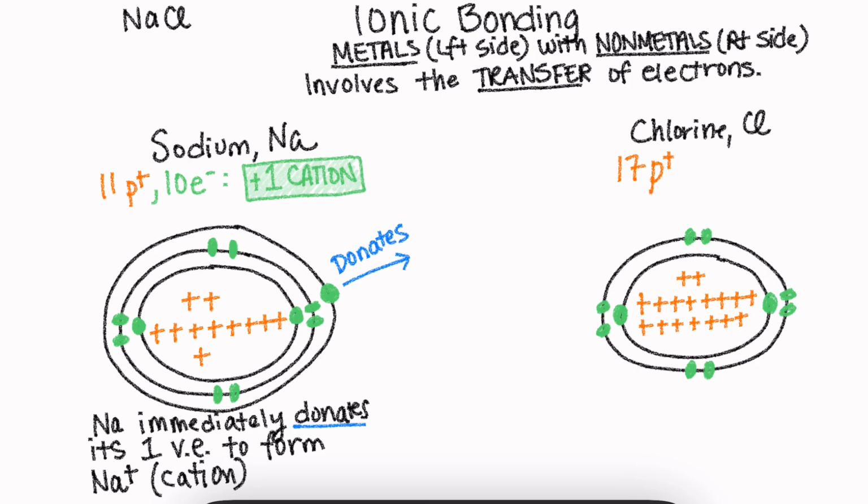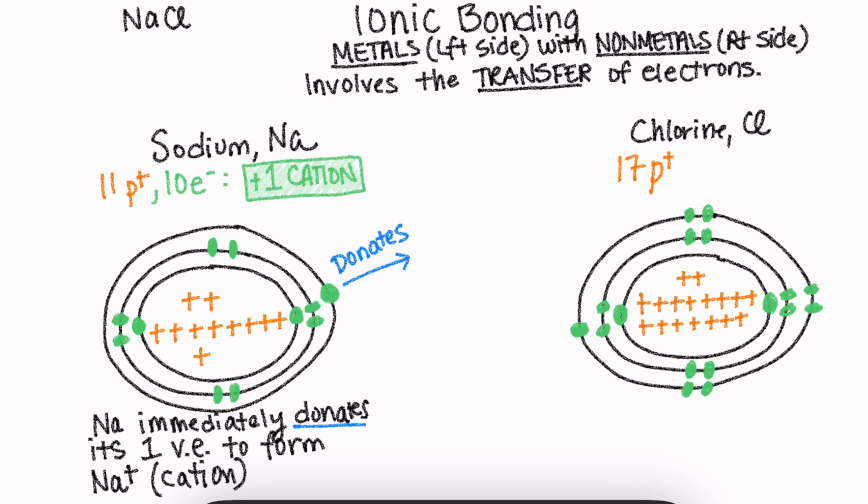Now let's do another one. And if it has 17 protons and we want it to be electrically neutral, we'll add 7 here. So 1, 2, 3, 4, 5, 6, 7. See how it's just missing 1 in that third shell.